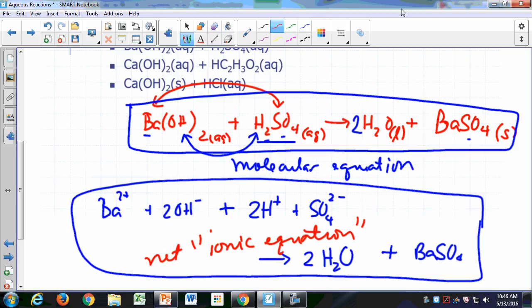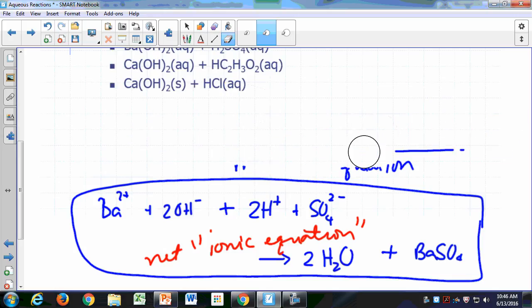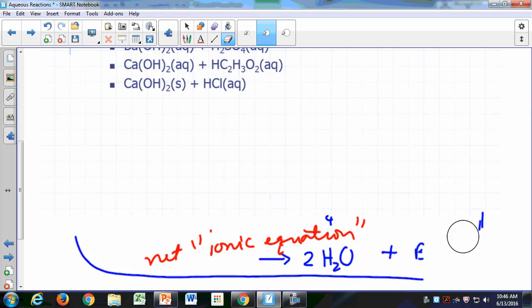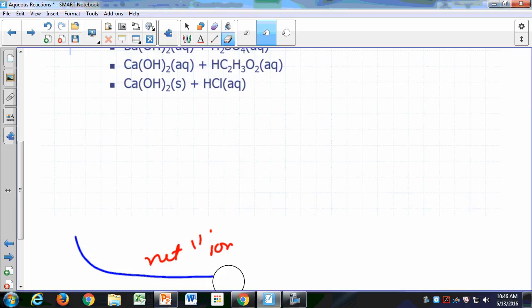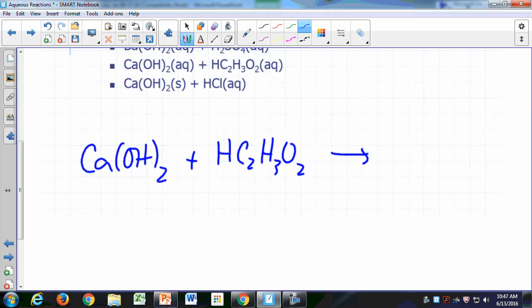Calcium hydroxide plus acetic acid, HC2H3O2, aqueous.